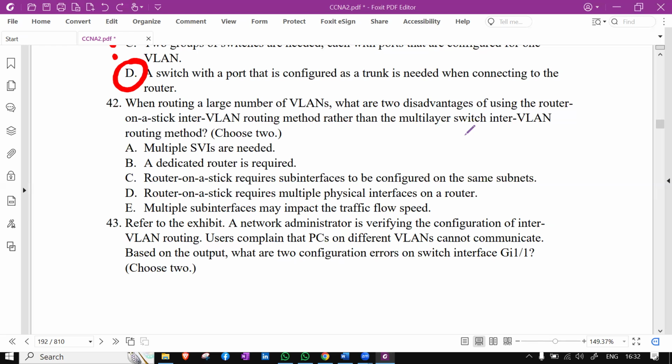Having one interface dedicated only for inter-VLAN, that's a problem. The multilayer switch creates multiple virtual interfaces, meaning different links for inter-VLAN routing, and basically fewer problems in traffic flow.